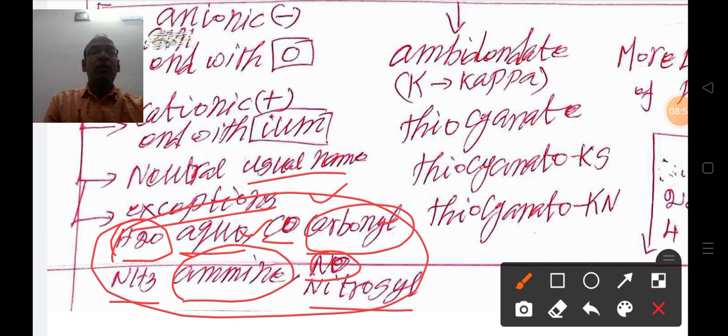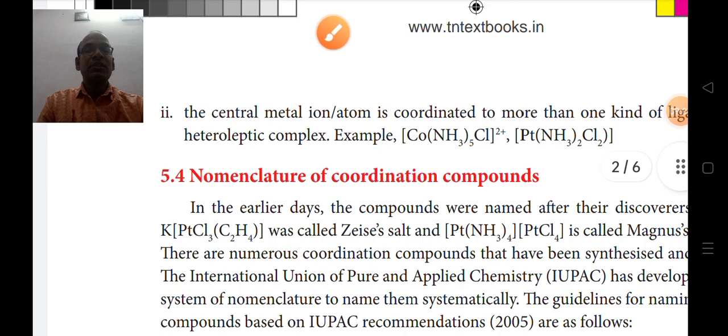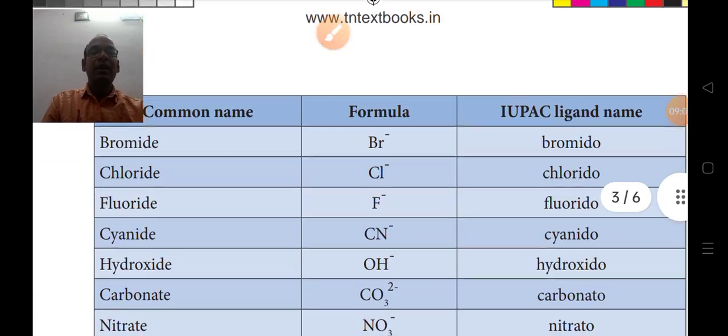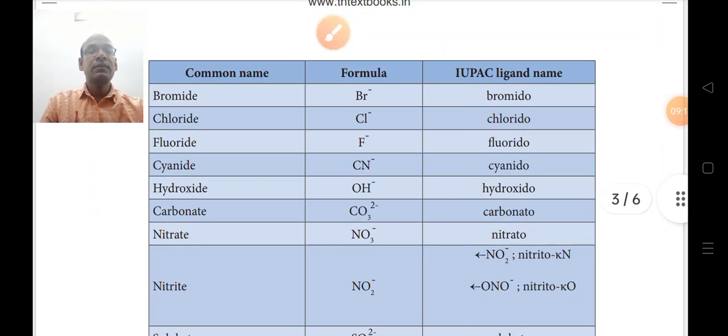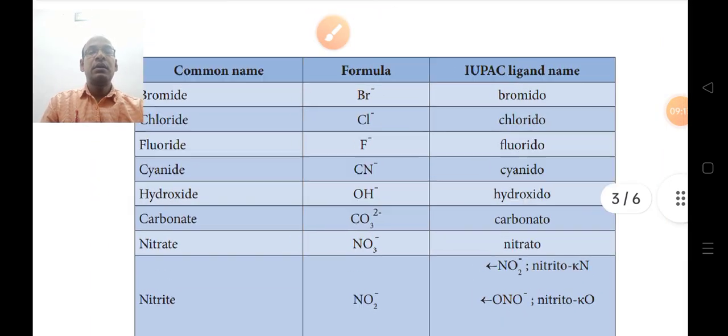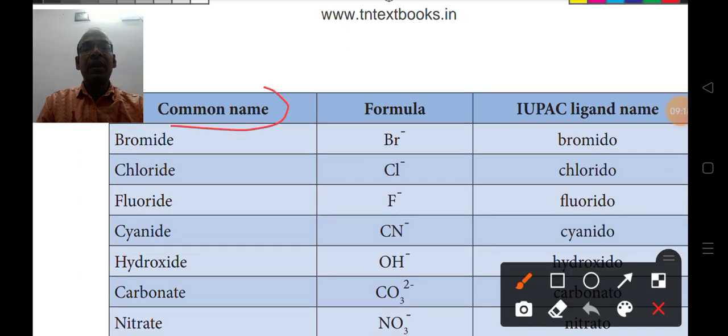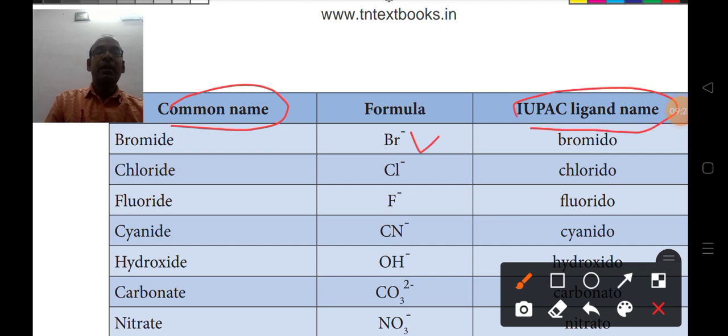Now, for a negative ligand ending with O, one tabular column is given. Using the tabular column, we can name it. In this tabular column, there are the common name and formula, and the IUPAC ligand name. Bromide is a simple ion, so the common name is simply bromide.